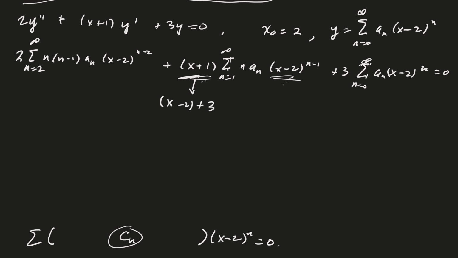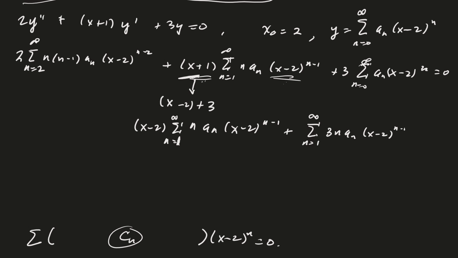And so that'll make this actually two sums, and so my two sums will be x minus 2 times the sum, n equals 1 to infinity, n a sub n. Let me be very explicit here. And n a sub n, x minus 2 to the n minus 1, plus sum, n equals 1 to infinity, 3 n a sub n, x minus 2 to the n minus 1.